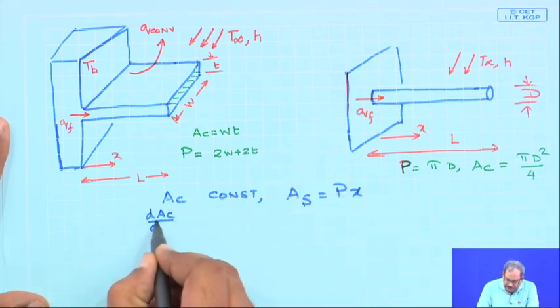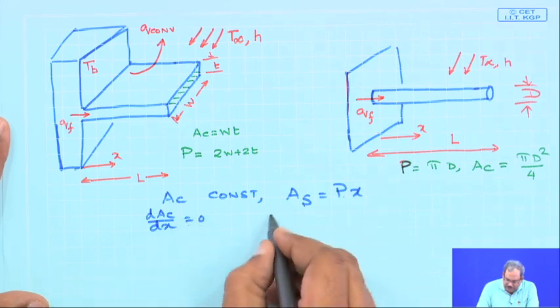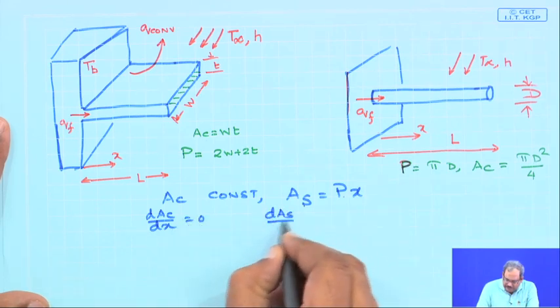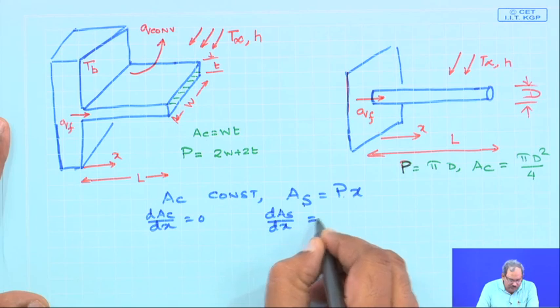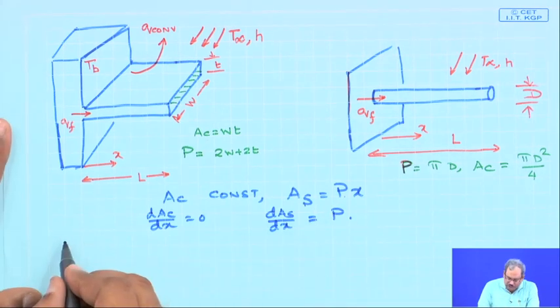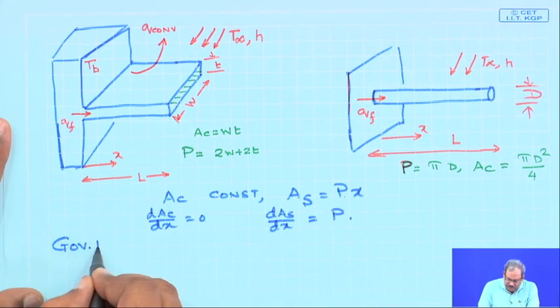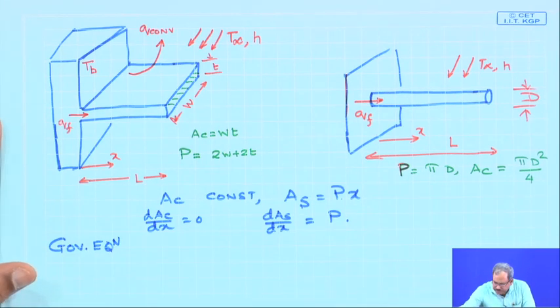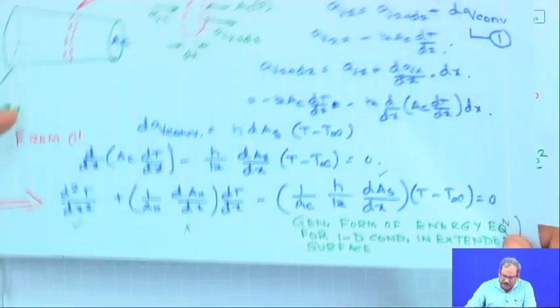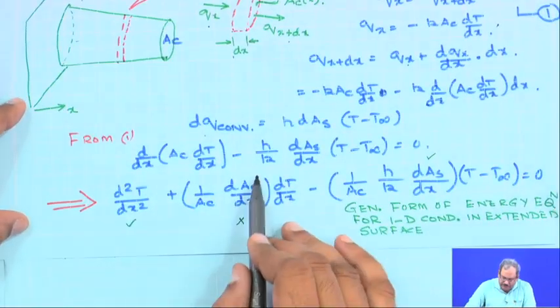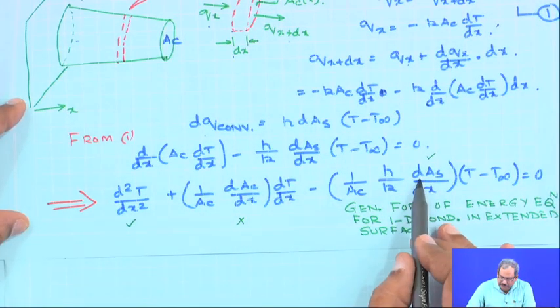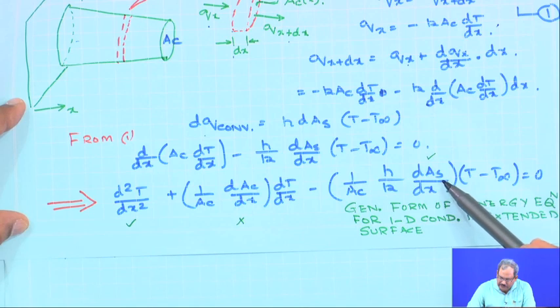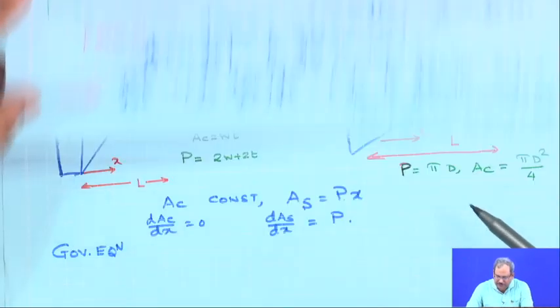Then dAc by dx would be equal to 0, and dAs by dx is going to be equal to P. So, if you look at the governing equation which was there in the previous slide, I cancel this term and I simply write, instead of dAs by dx, P, where P is the perimeter of the pin.